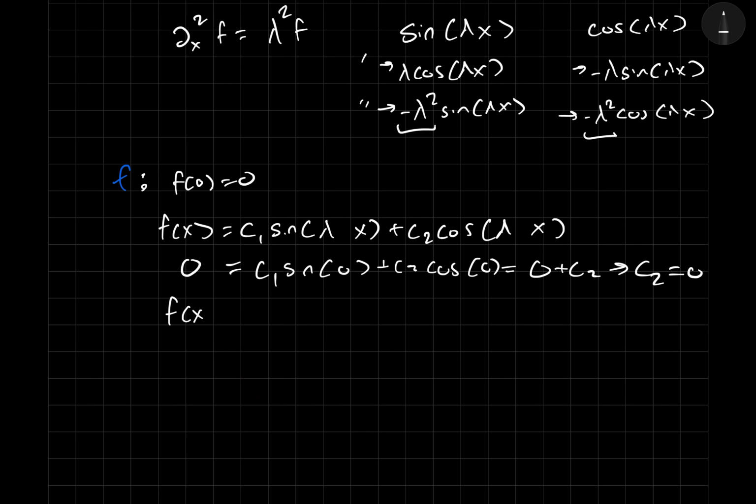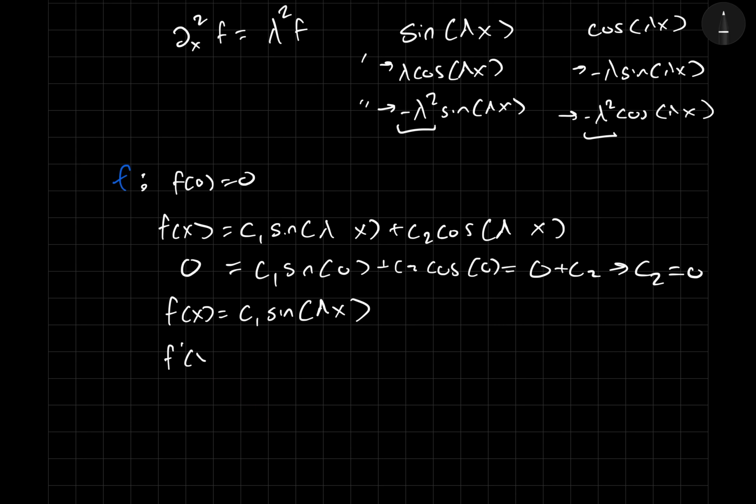So f of x is going to be equal to c1 sine lambda x. However, we have another boundary condition. And this second boundary condition will restrict our lambdas to a specific set of numbers. And what is this? Well, this is going to be the derivative condition.